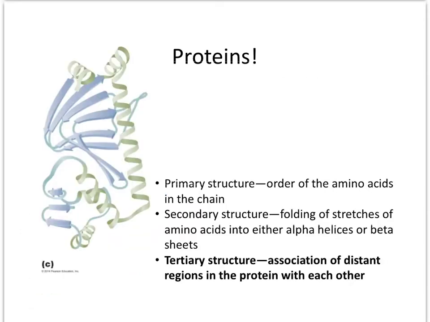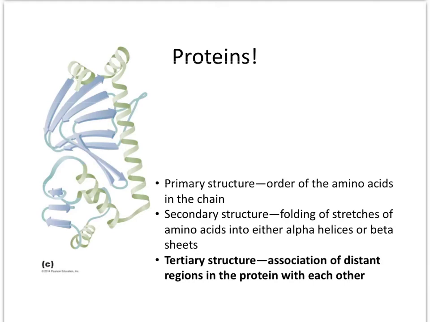Now, if we step back a little bit in scale and start to look at the overall shape of our protein, and many proteins can be very, very large indeed. Here we see an example of a random protein. It has a certain amino acid sequence. If we follow this little ribbon all the way around, it kind of wanders all the way around from one end to the other end.